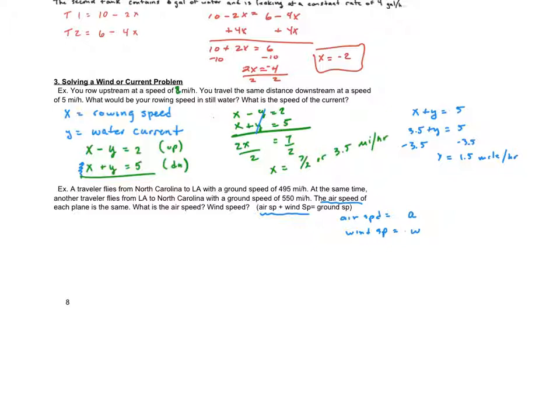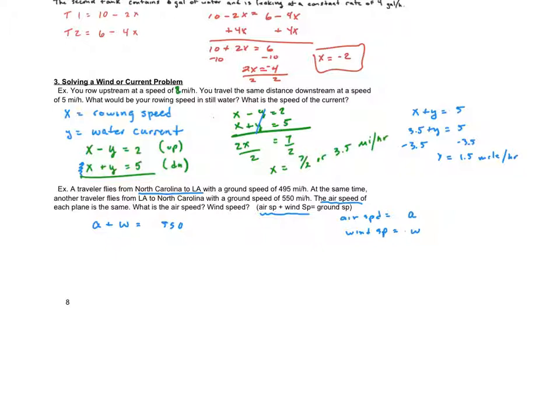And then we know for the first plane going from North Carolina to LA, our airspeed plus our wind speed is going to be equal to 495 miles per hour. And the other is going to be 550 miles per hour.